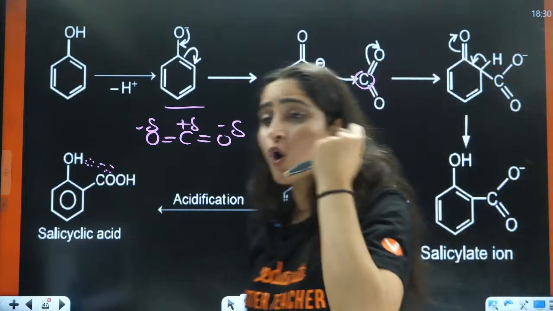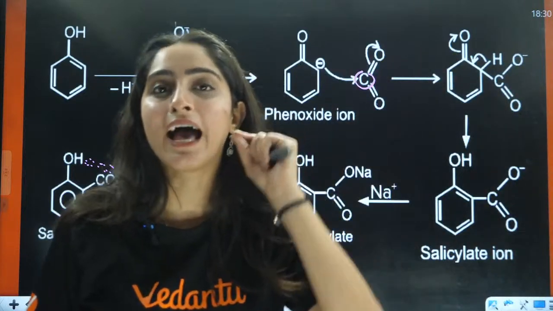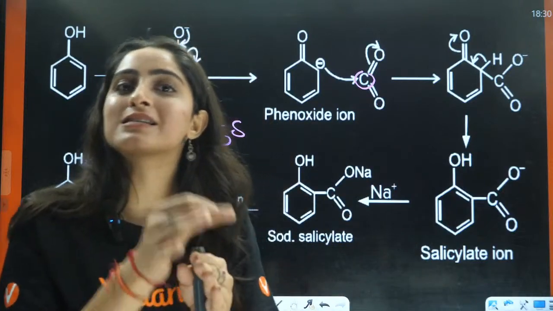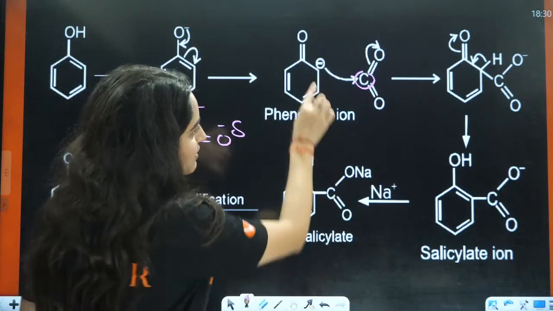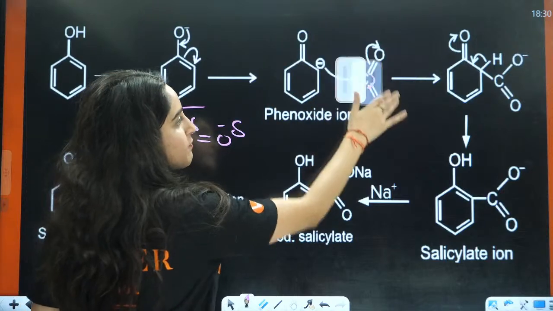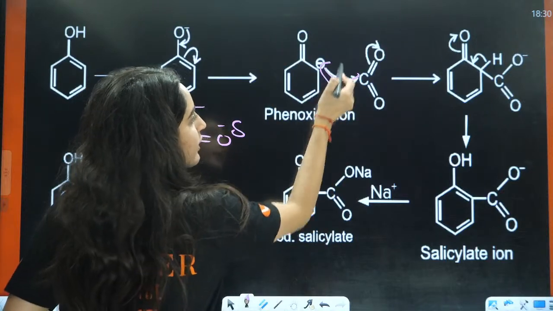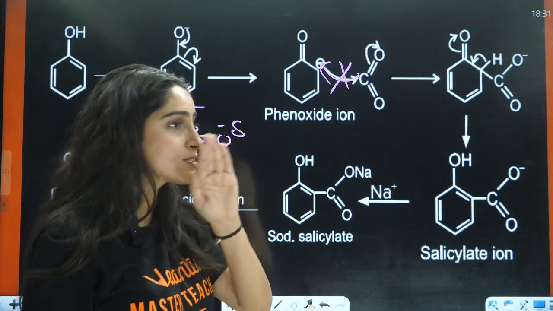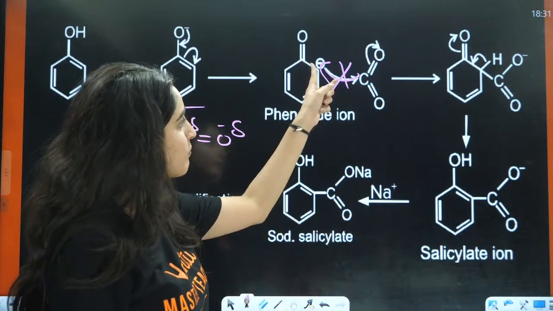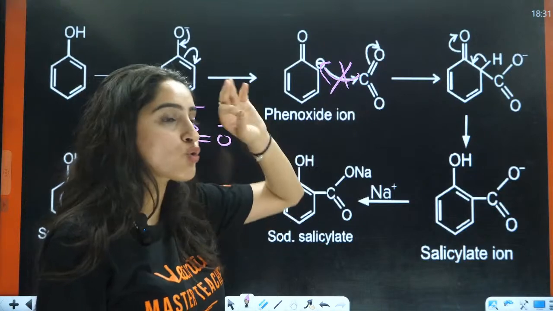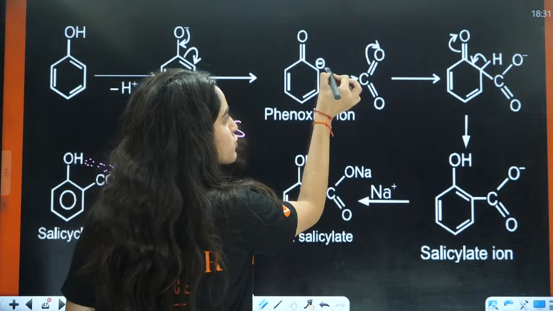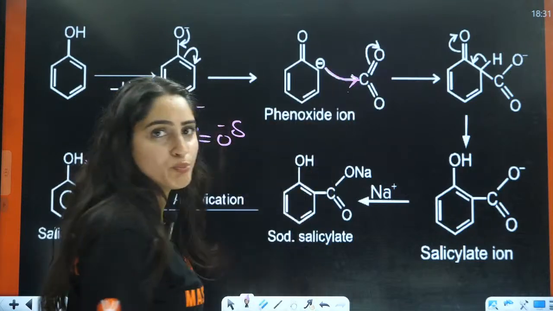And always remember, in mechanisms of organic chemistry, the arrow is always from negative to positive. If someone is drawing it like this, it is wrong. It is never from positive to negative. That is totally wrong. So you will always draw the arrow from negative to positive.